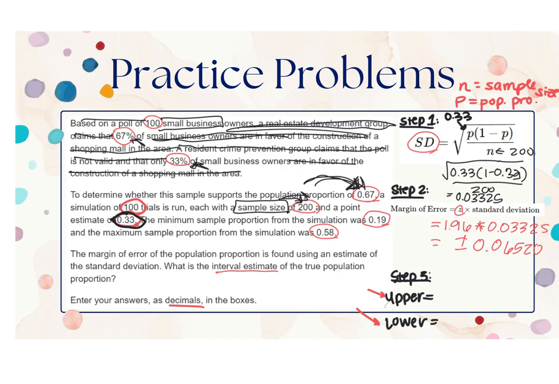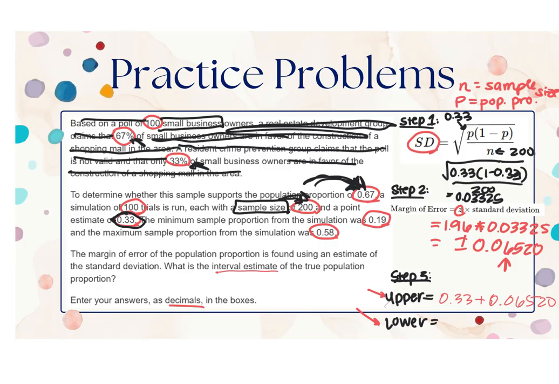0.06520. So now, to find the upper, we take our 0.33, we add our 0.06520.